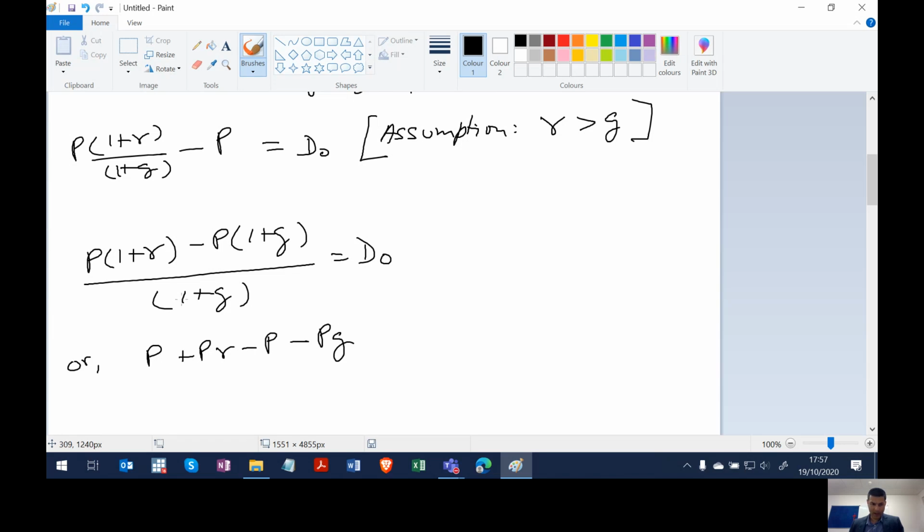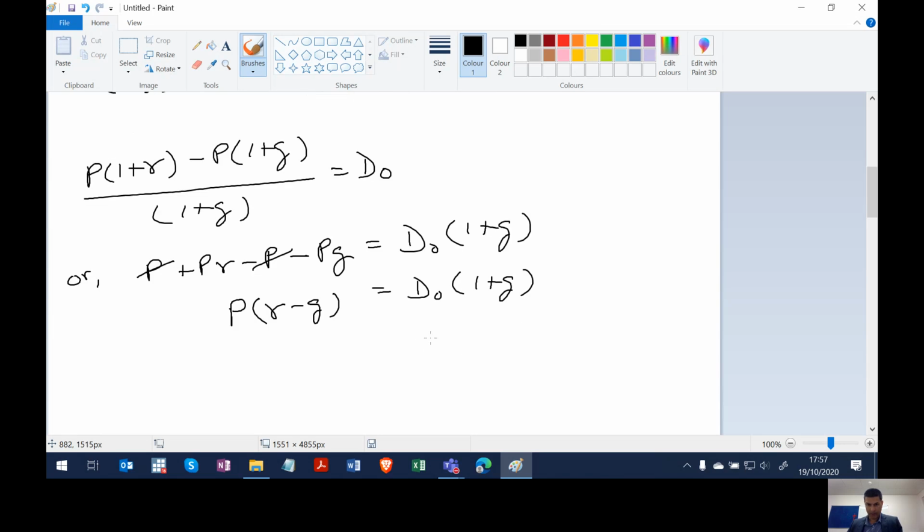And instead of dividing this whole thing by 1 plus G, I will take this 1 plus G to the other side, so that will be D0 times 1 plus G. And we can cancel this positive and negative P, so what remains is PR minus PG here. We can take P common, that's the market price now, and this becomes R minus G, equal to the right-hand side.